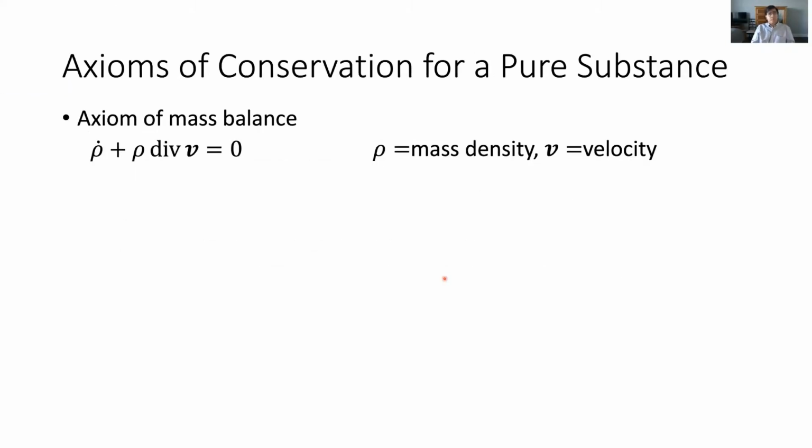So in order to understand what are the functions of state that we encounter, we have to look at the axioms of conservation. Again, this should be familiar to all of you who do solid mechanics, but I'm going to present it to at least introduce the notation. So what we have is the axiom of mass balance, where rho is the mass density, v is the velocity of the continuum, and the dot operator is the material time derivative.